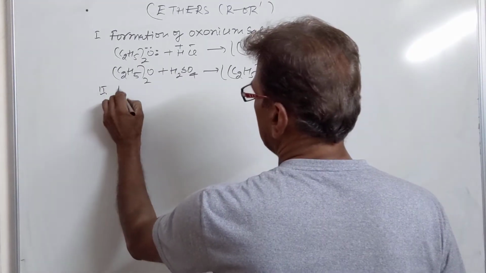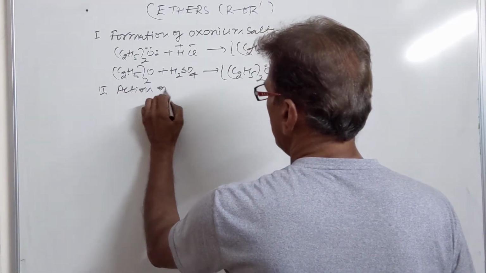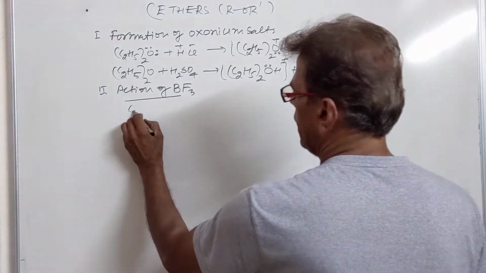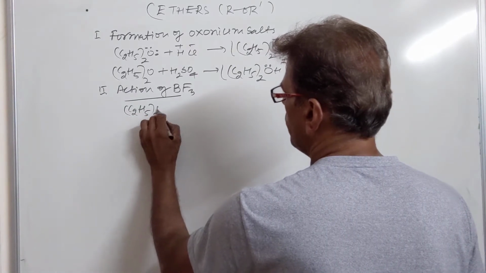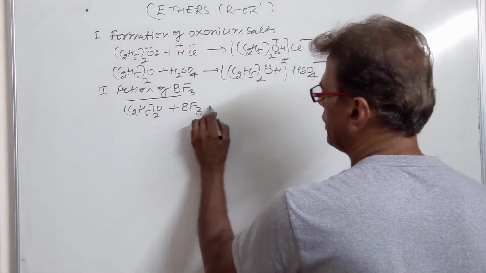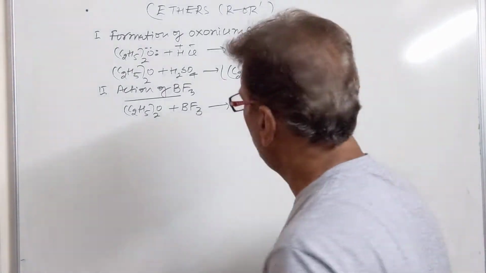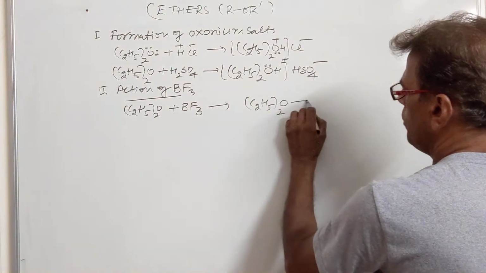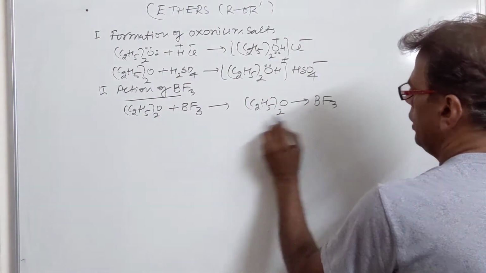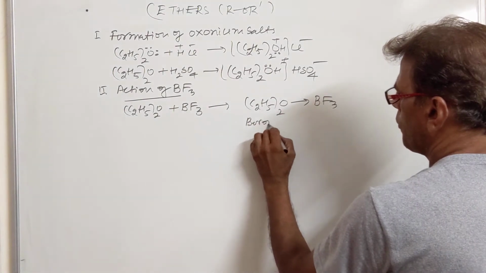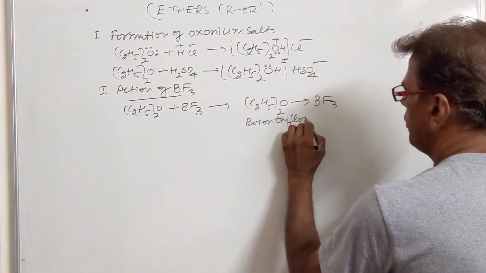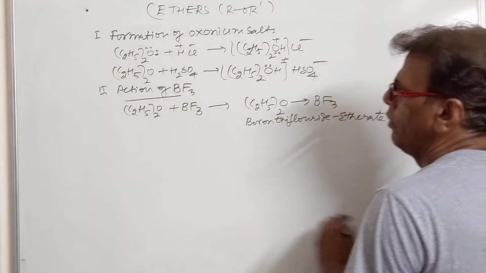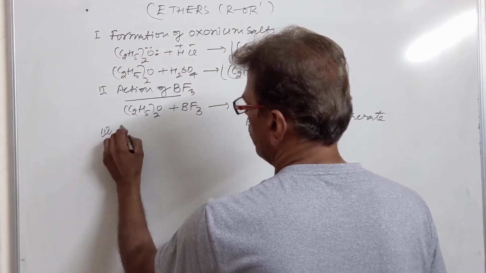Then we have the second reaction, action of BF3, boron trifluoride, which is actually a Lewis acid. It will accept electrons from diethyl ether and form a complex called ether boron trifluoride complex. So (C2H5)2O supplies electrons to BF3. It is boron trifluoride etherate. Then we have the third reaction, action of Grignard reagent.